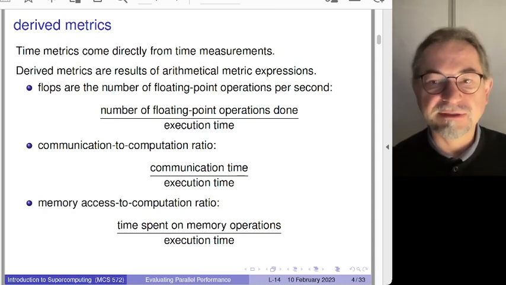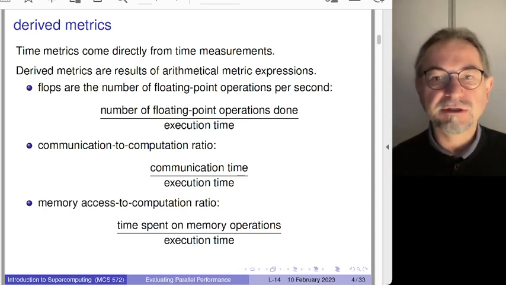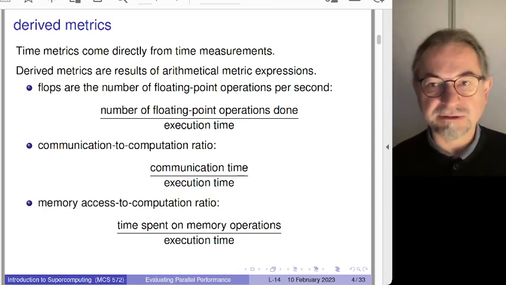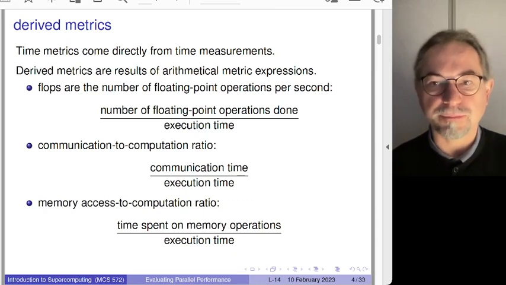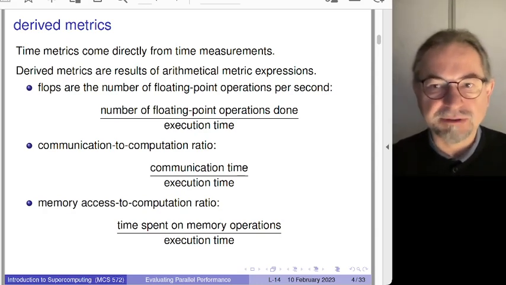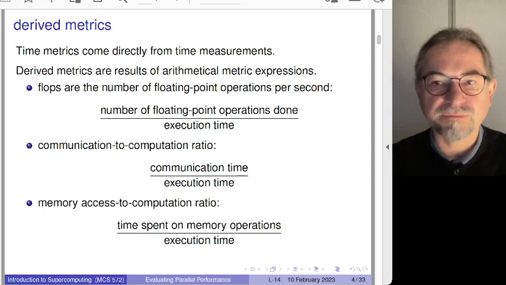So in order to get this metric, you have to look at your code and analyze, if you have a computation, how many floating point operations are done during the entire runtime of the program, and you have to measure the execution time and then compute this flops ratio. There are tools for doing this, but typically this is something that involves a separate computation.